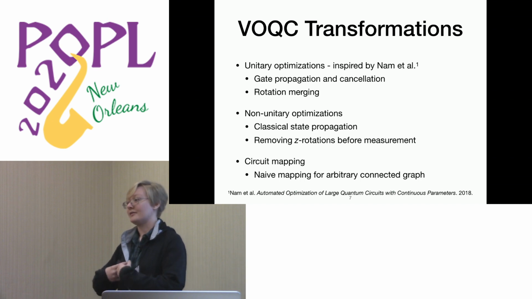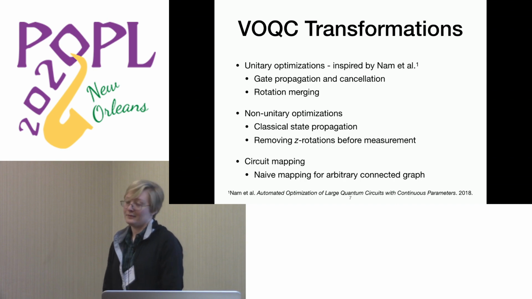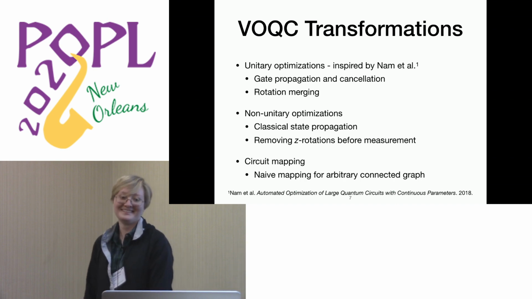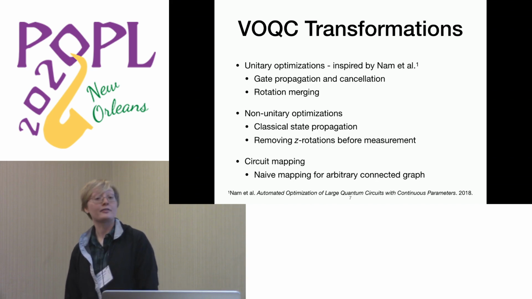It takes a description of a graph and a program, and it maps that program to that architecture by, whenever there's a 2 qubit gate, moving the qubits closer together via swaps, and then moving the qubits back to their original location. This is kind of the simplest thing you can do, but it's done. And so this is what we have in VOQC so far.